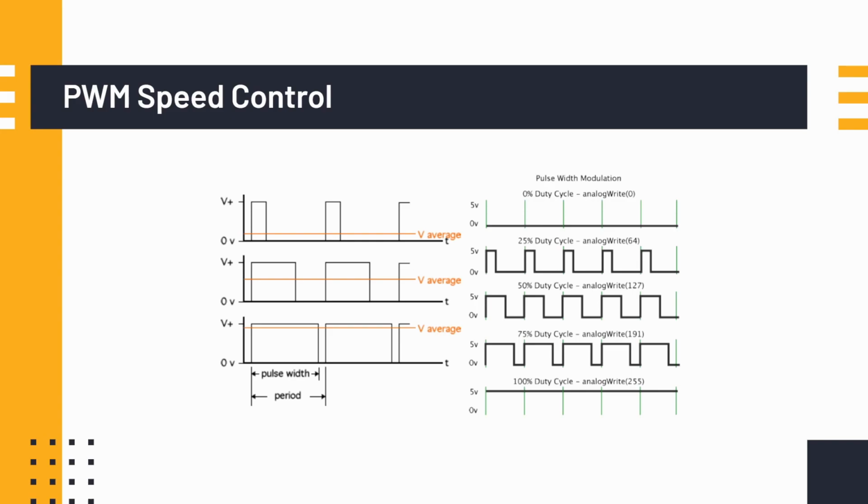What these signals do is they send out an electrical high, or your max signal, to your motors in set periods. So a 0% duty cycle would be equivalent to a statement of code saying analogWrite 0. Your motors aren't getting any power, your motor is going at a speed of 0.